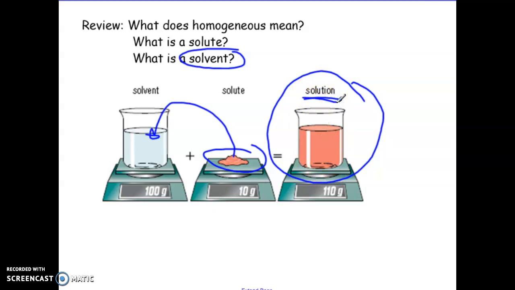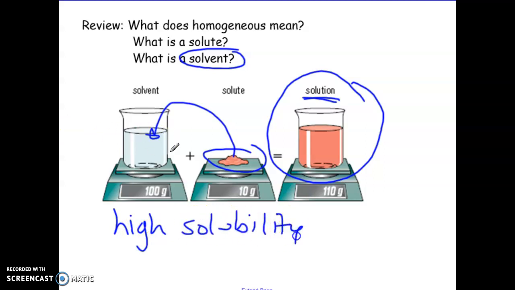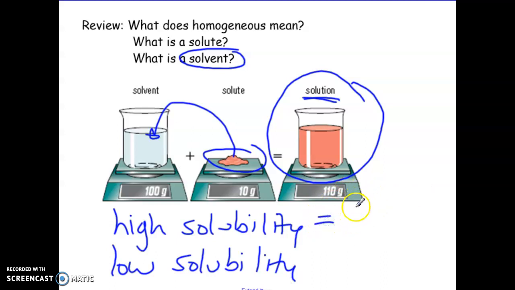When we talk about solutions, we have two types of terms: high solubility and low solubility. High solubility essentially means that the solution was easy to dissolve, or very dissolvable. Let's say Kool-Aid powder and water has high solubility.